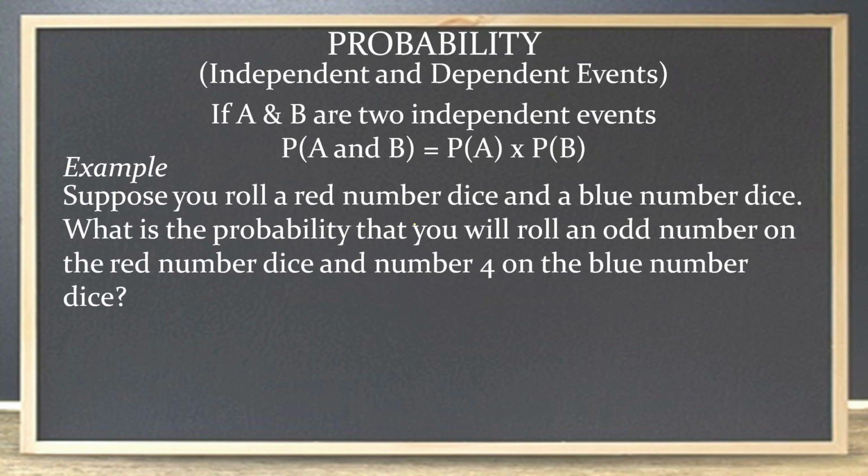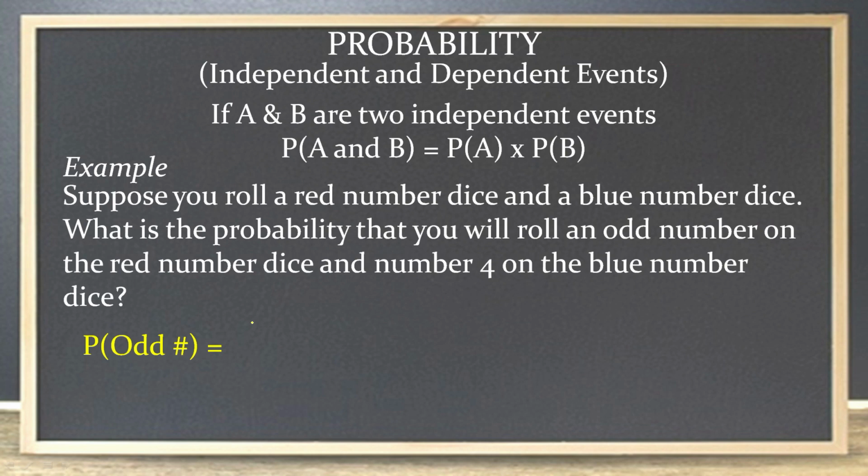Okay, so let us see this now. What would be the probability of A and B occurring? For the red number dice, the probability of the odd number appearing is equal to the event for obtaining an odd number on the dice. We have three odd numbers, 1, 3, and 5. Those are the odd numbers on the dice.